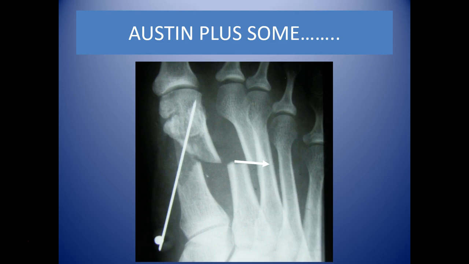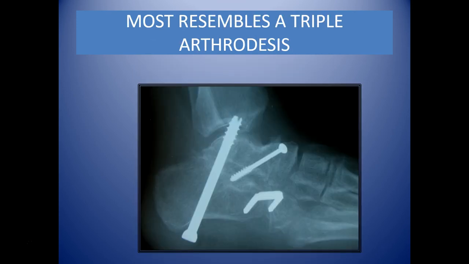So here again, would you consider this to be a complication, a sequela, a failure to cure, or would you consider this to be negligence? The patient was taken back and the deformity was reduced in a subsequent surgery.